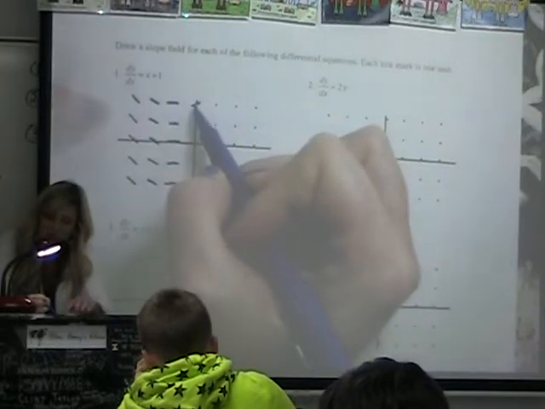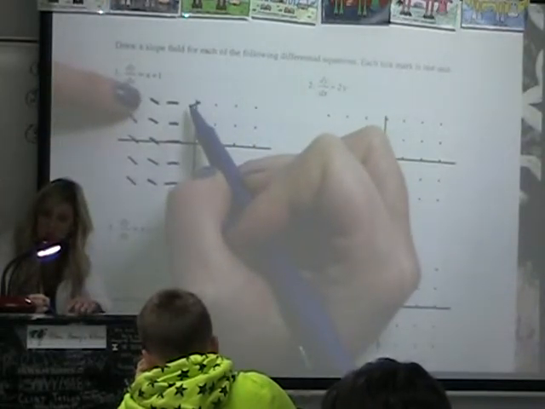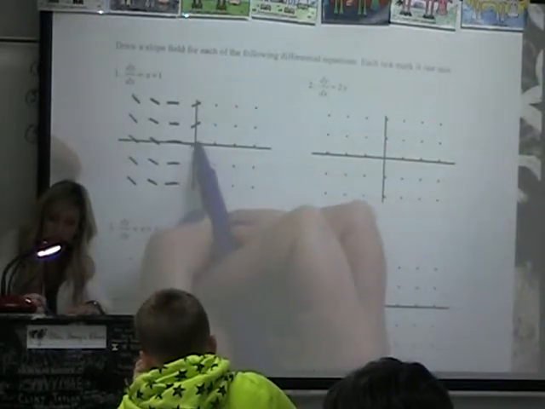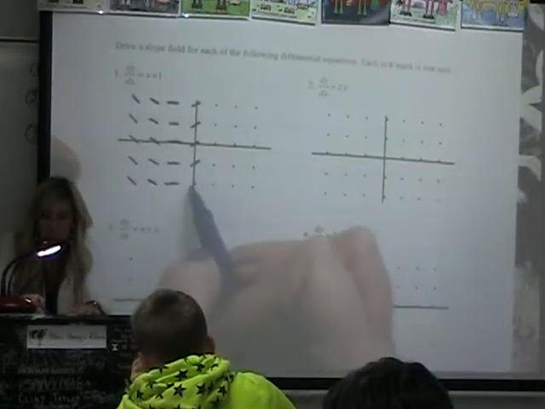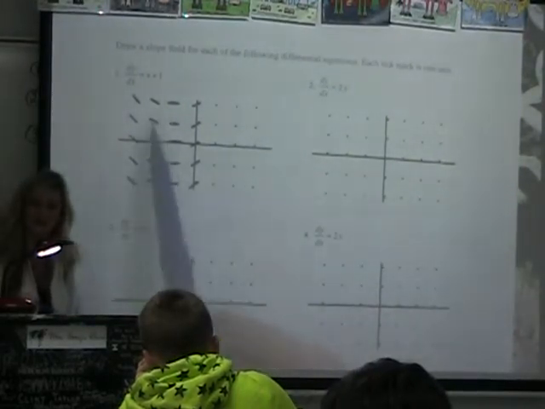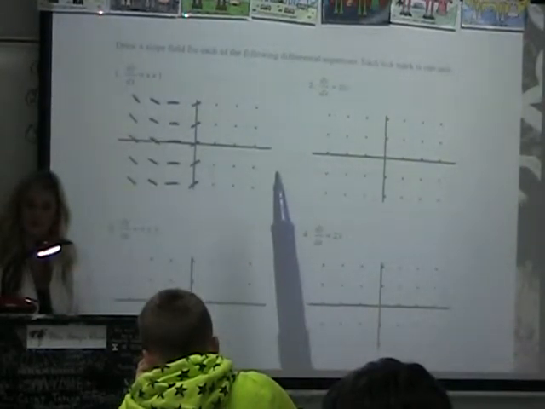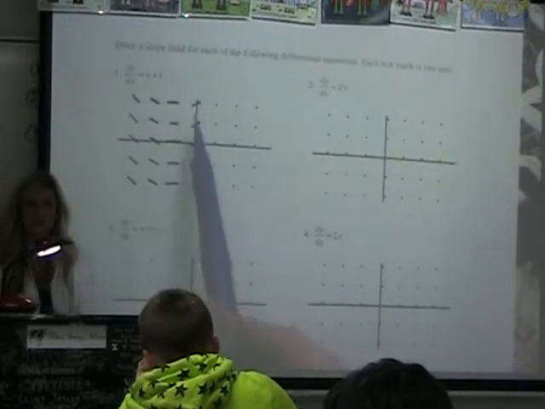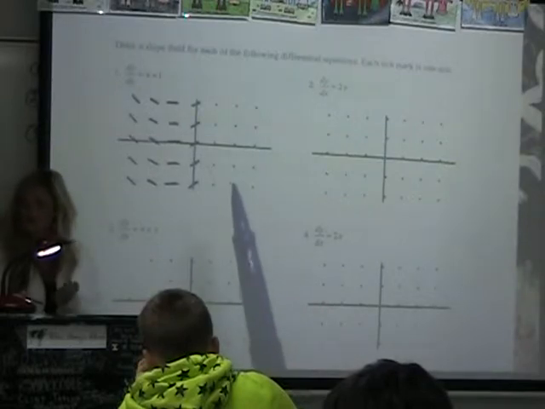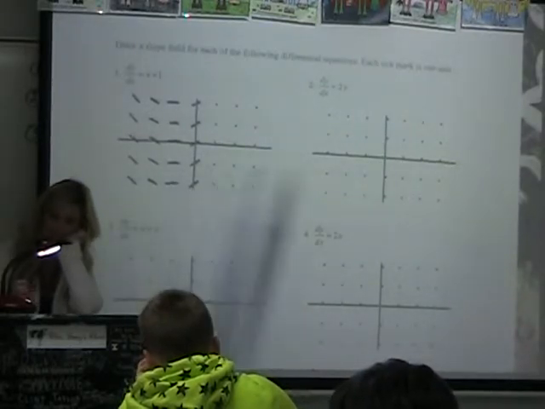So try to make it symmetric to the slope that you plotted on the points where x was -2. So try to do a slope of +1. Again, it doesn't have to be perfect, just try to do the best you can freehand.